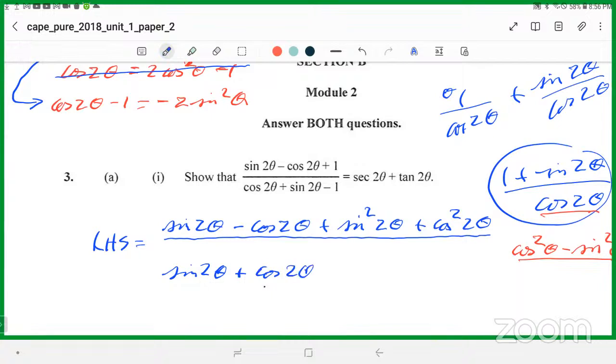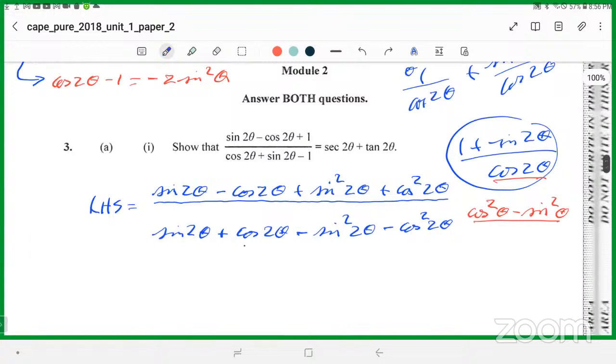Then, because it's a minus 1, I forgot: minus sine squared 2 theta and minus cos squared 2 theta. Alright?